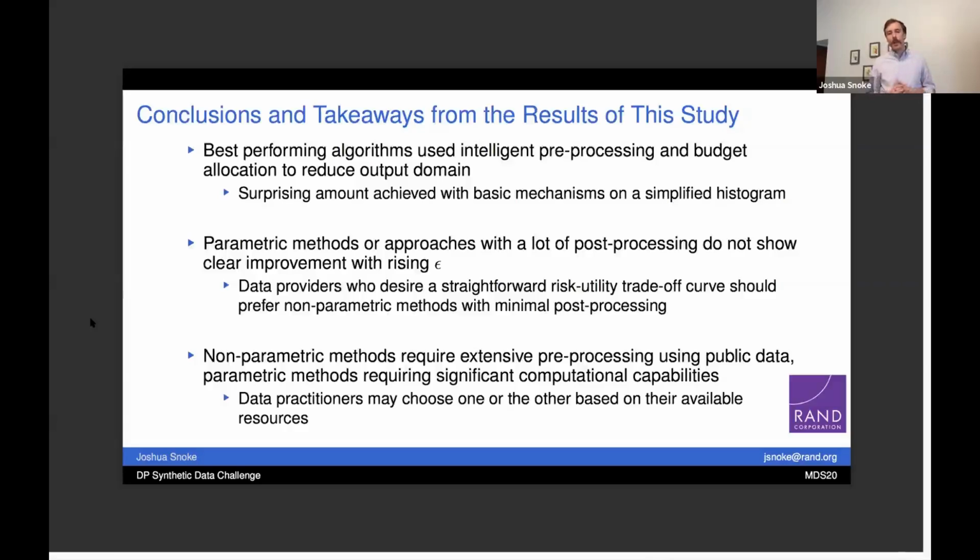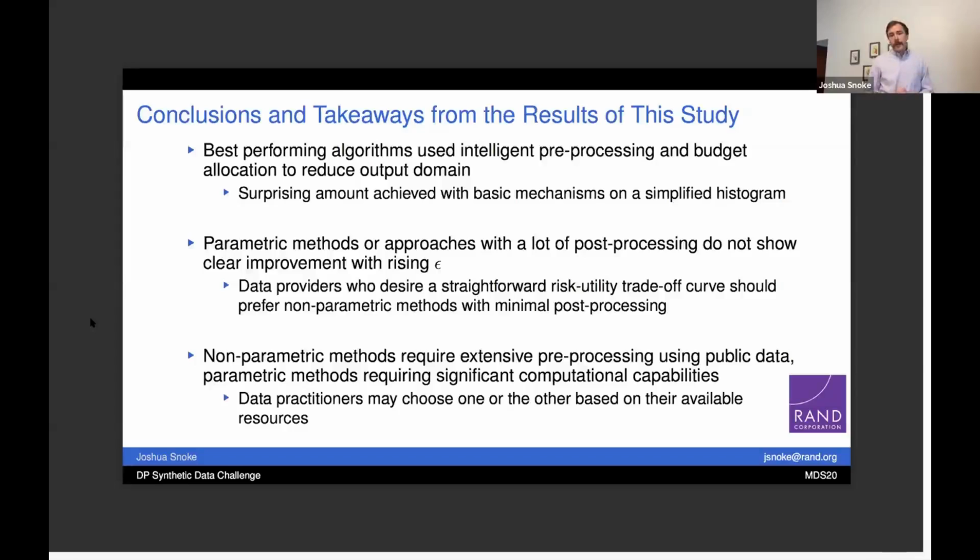But with the parametric models and the ones that use a lot of post-processing, there's a lot of other noise coming into the model, and so you don't get as clean of a picture between privacy loss and utility. So if you are devising these methods and want to be able to point to a clean utility trade-off curve, you'll probably prefer a non-parametric method with minimal post-processing.